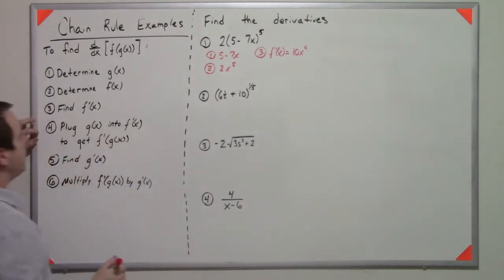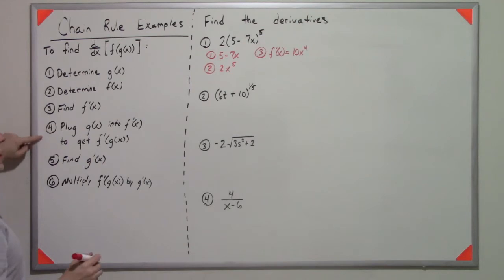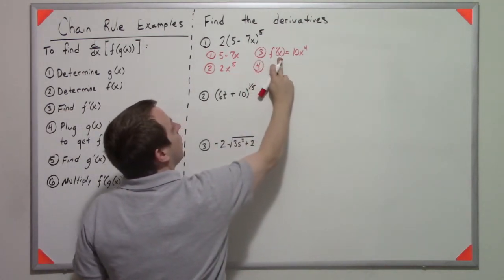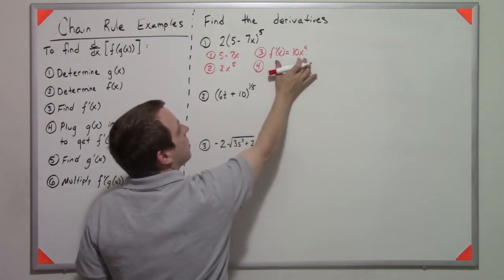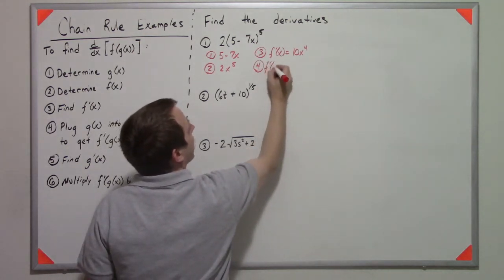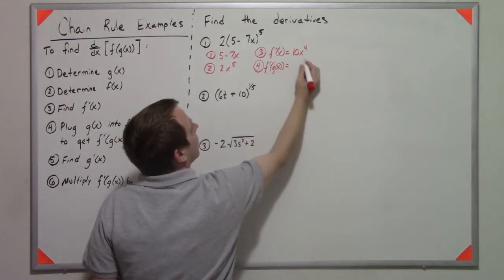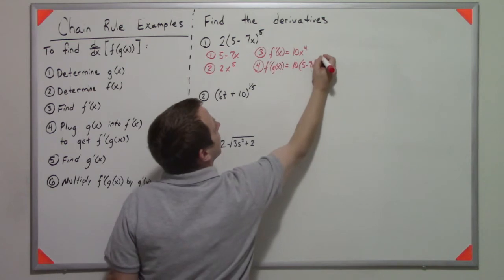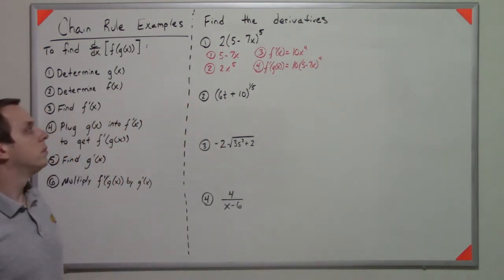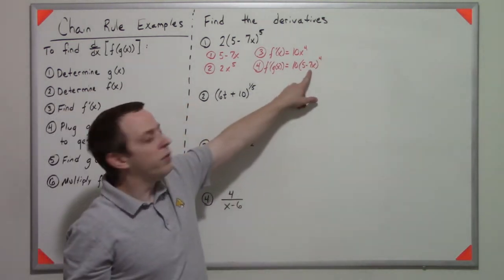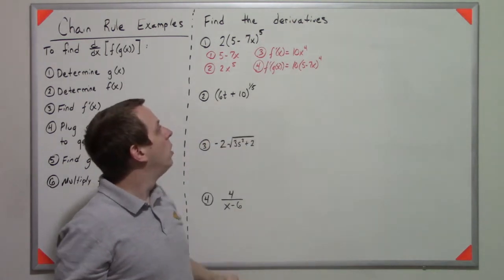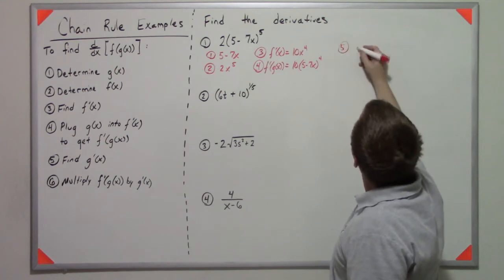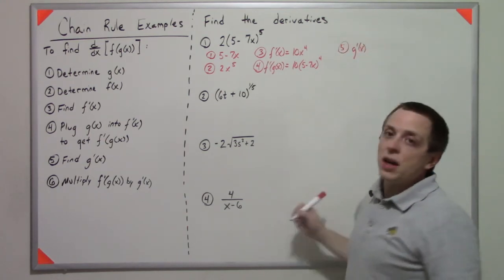So the next piece is I need to plug g of x into f prime of x. So instead of an x here, I have a g of x. So that's 10 times 5 minus 7x to the 4th. Now, what I need to do is find g prime.